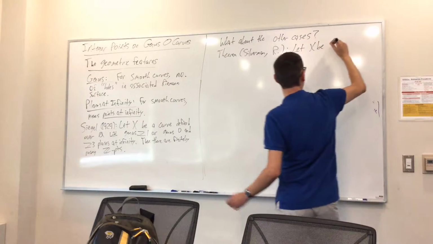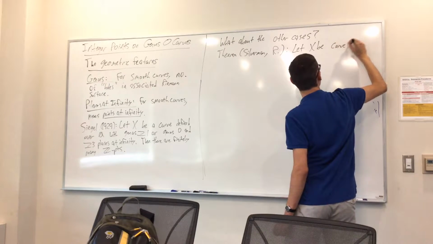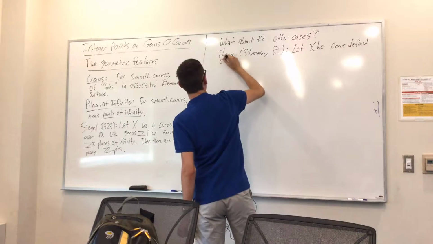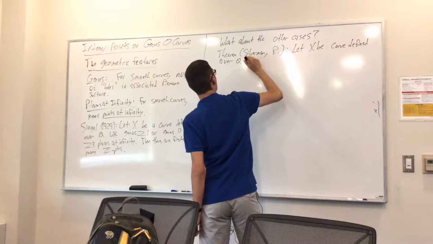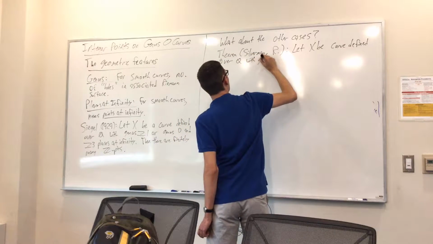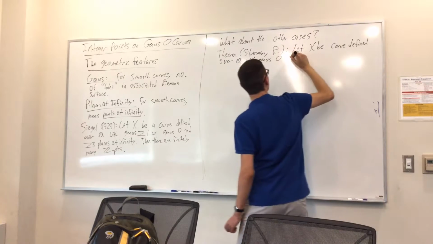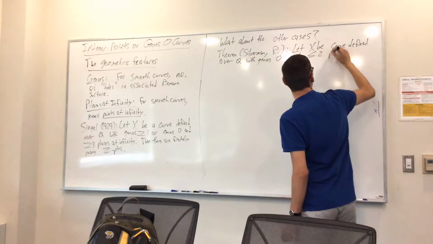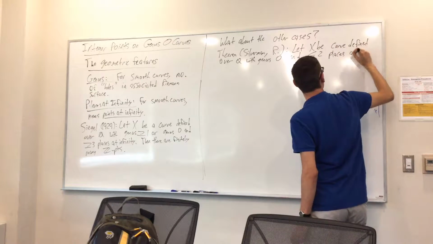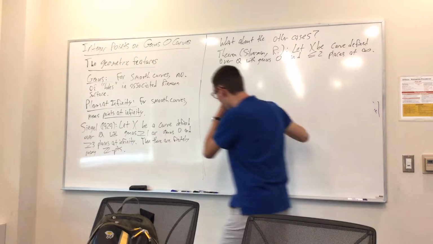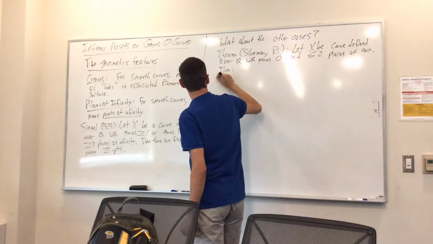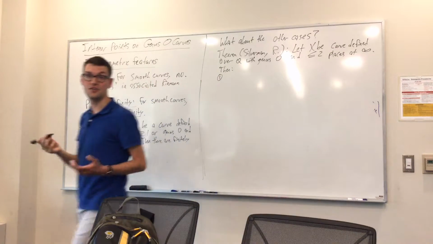So we're going to take, again, X to be a curve defined over Q, with genus 0, and at most 2 places at infinity. So there's going to be 2 types of behaviors that arise here.